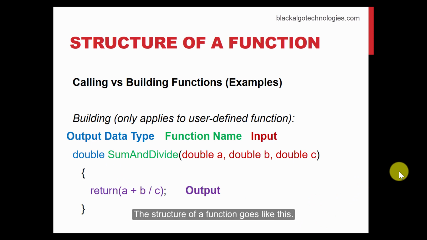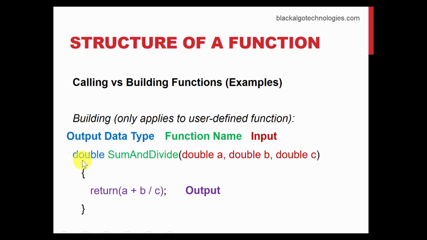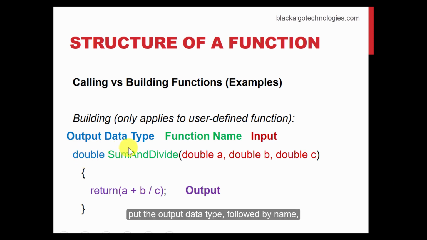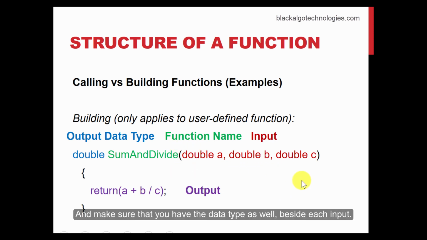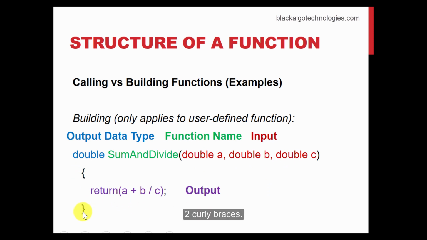The structure of a function goes like this. So when you build it, put the output data type followed by the name, parentheses, the inputs if any. If there are no inputs, leave it blank. And make sure that you have your data type beside each input. Then curly braces, and a return value.